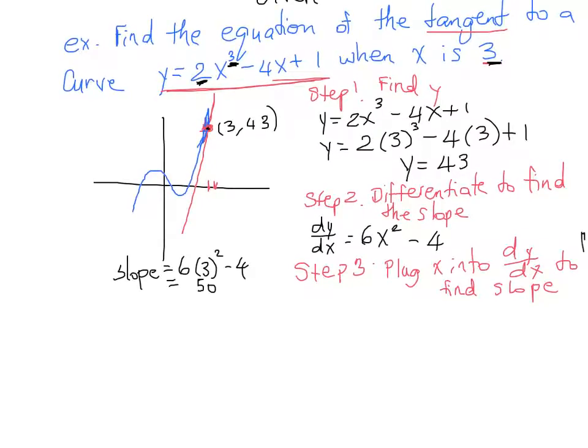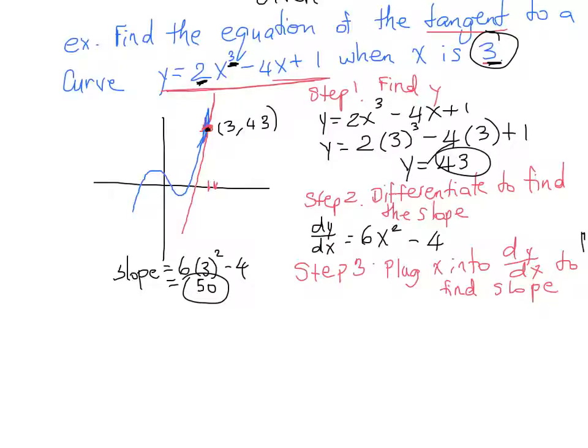All right, so let's write down what we have. We have the slope, and we have our y coordinate, and we have our x coordinate. So it's a point and a slope. Because we're looking for the equation of a line, let's write down that this is a step we're about to do.